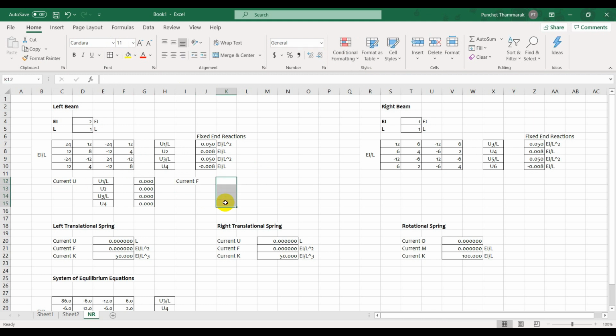This is the internal force, which is equal to the MMULT of this and this displacement.